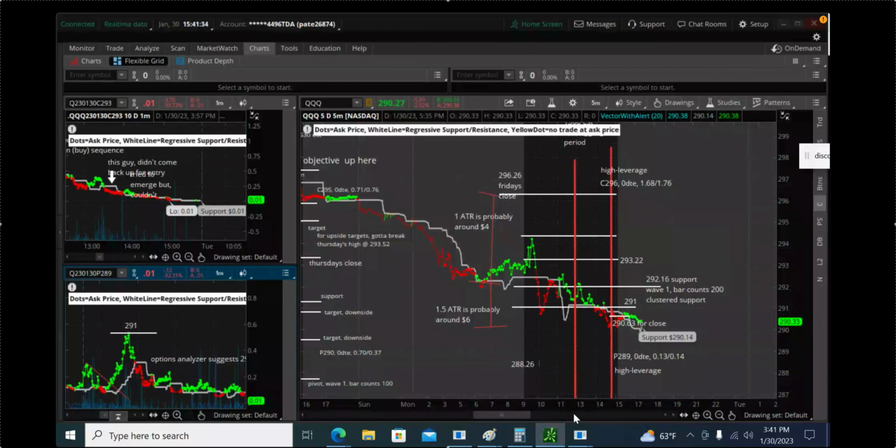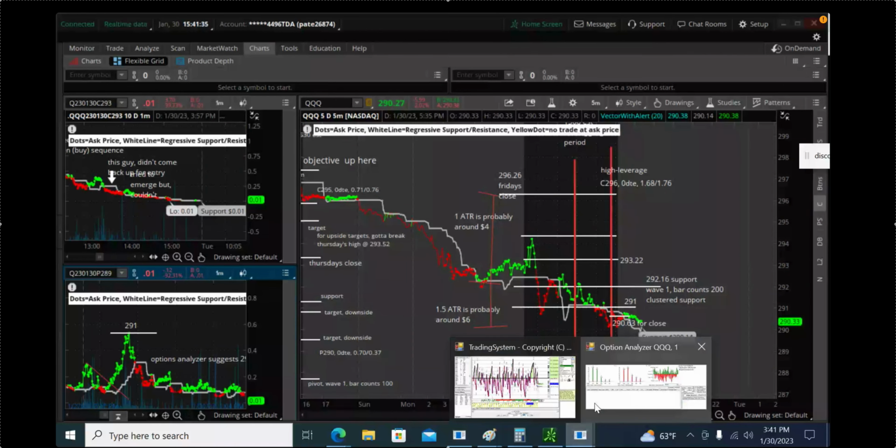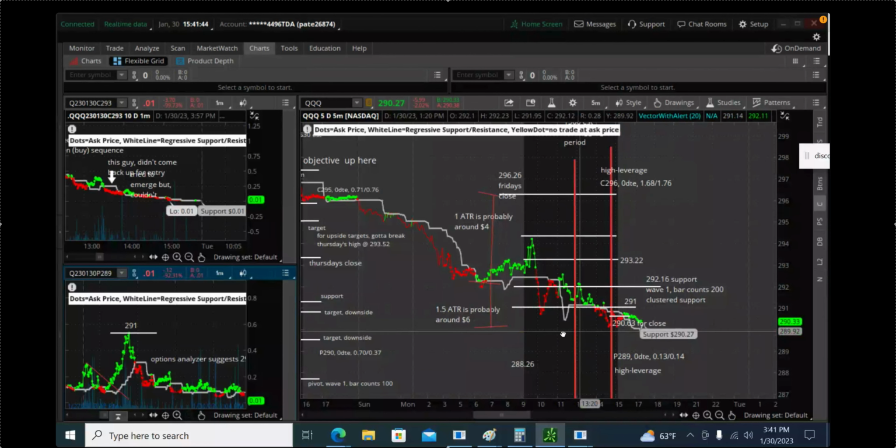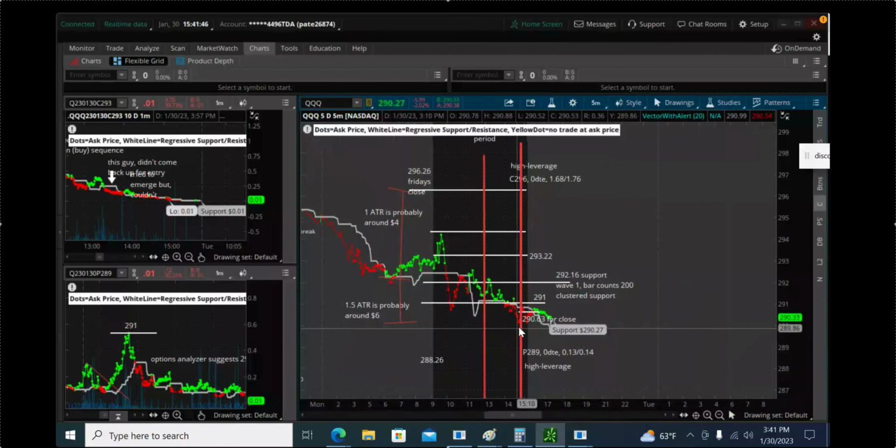But tomorrow we've got our 67% odds of carving out an L2. That would imply that we have a close lower tomorrow than we did today, a lower price tomorrow. Now, it doesn't mean that we can't wash out high and have an intraday reversal.